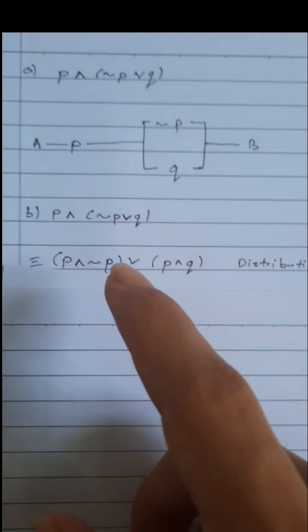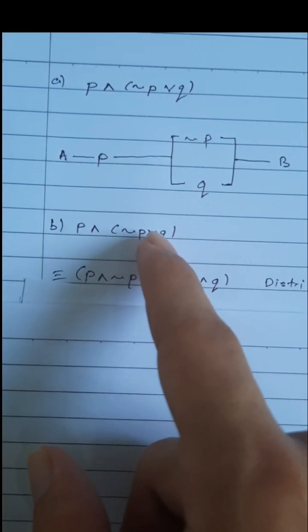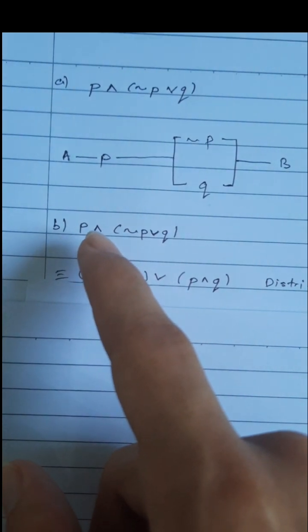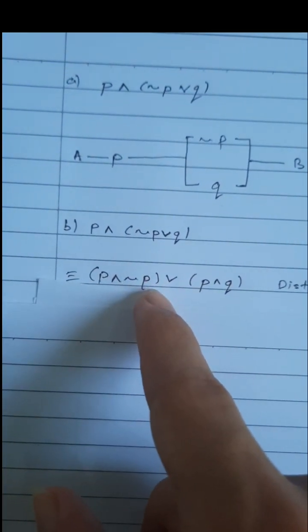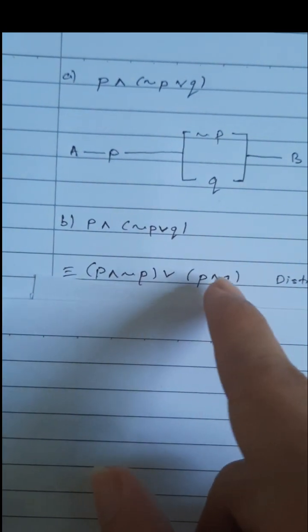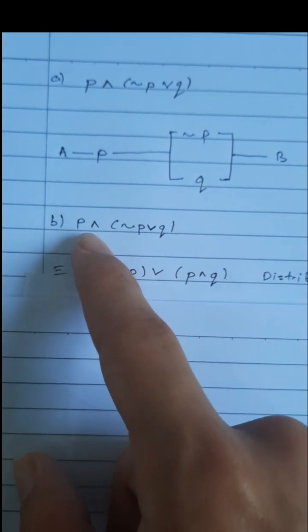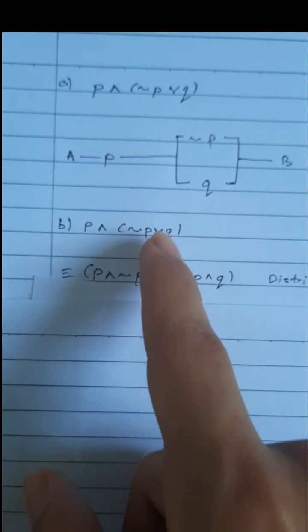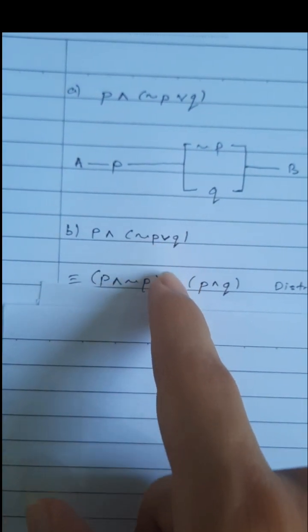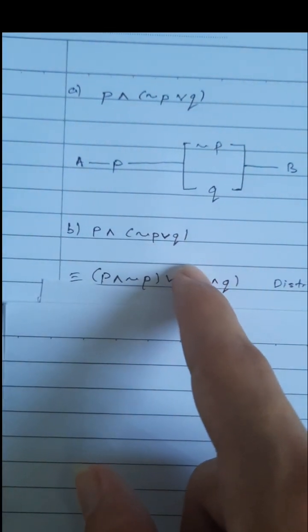First, we can apply the distributive law like this, where P and goes inside the not P or Q. So first, we can see here, P and not P or P and Q. This P and will encounter this not P, and then this junction will become the middle term, and then P and will go to Q.